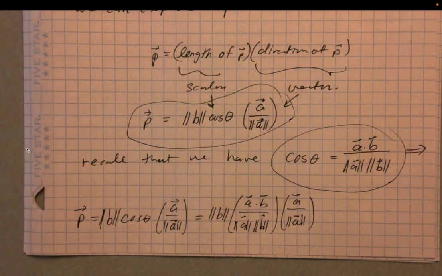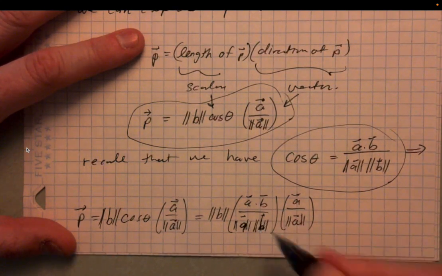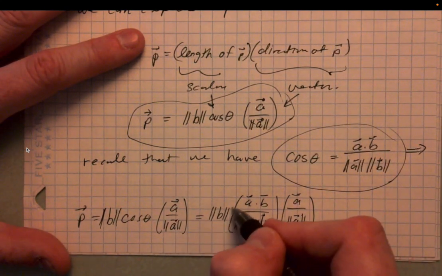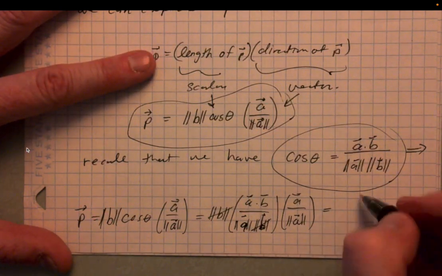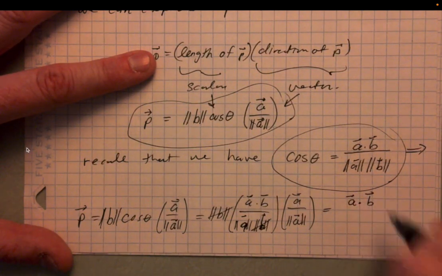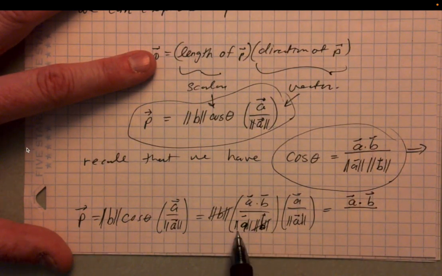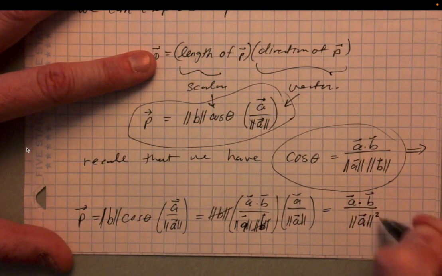Now what happens? Well, notice here, this is an A, this is a B. Sorry, it got a little sloppy. So the B's are going to cancel. And so I've got A dot B divided by, now what is this? The norm of A times the norm of A. Well, that's the norm of A squared.